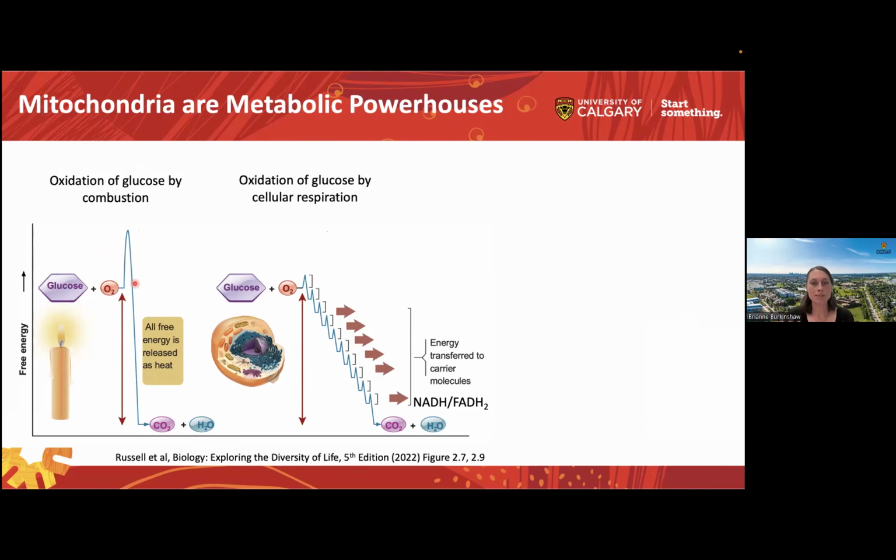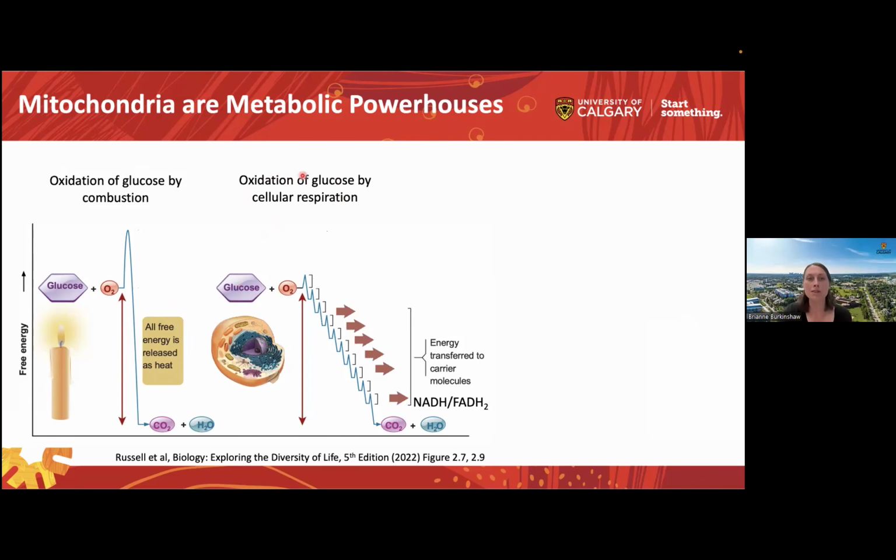So we are using combustion, and we will form carbon dioxide and water. But in this process, all of the free energy present in glucose is going to be released into the surroundings as heat. And that heat isn't going to be very useful to do work. Again, remember, in the cell, we want to use the energy from our food to do work. So how does this process look in a cell?